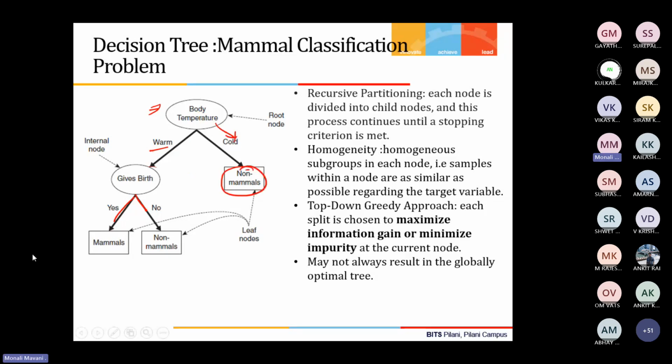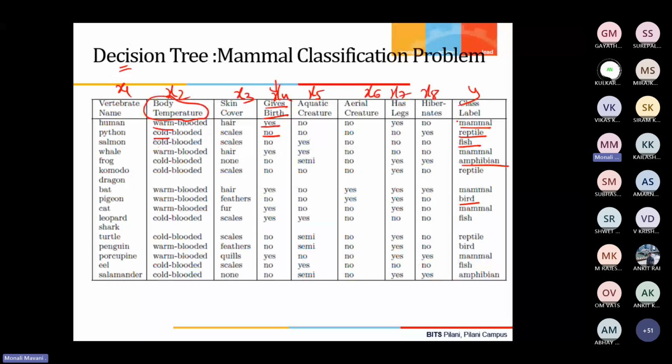I have another node which is non-mammal. So this is the internal node. If it's an internal node, it is again broken into other subnodes. And finally, all the squares we are reaching are the leaf nodes, which represent the examples that belong to mammal and non-mammal.